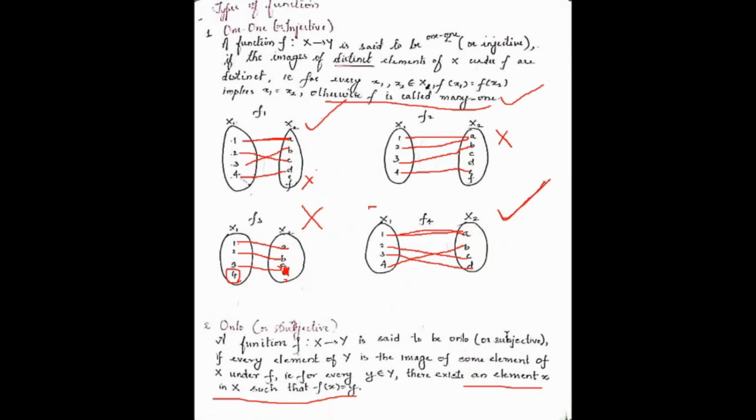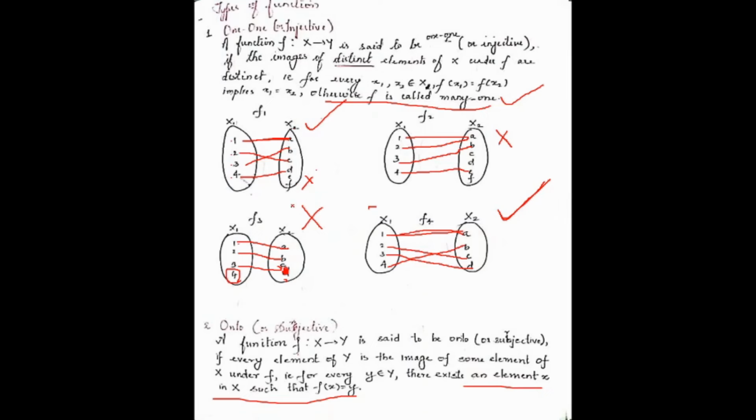Remember that in surjective, each and every element of the Y set should have a pre-image in X. None of the elements should be left out. So here in this case, all are having a pre-image. But here in this case, they are having a pre-image for 4 elements, but the remaining 2 elements they are not having.